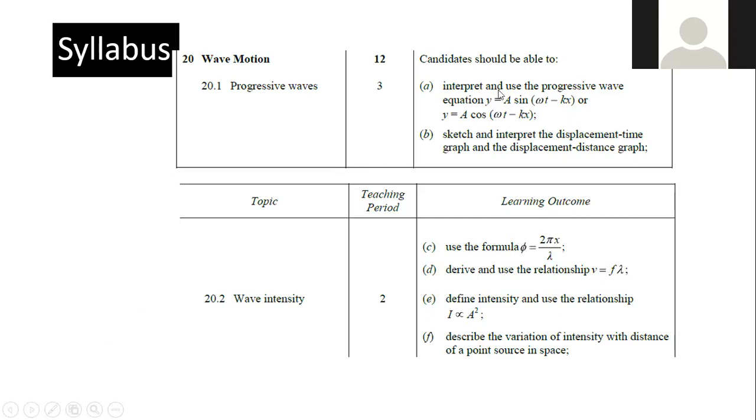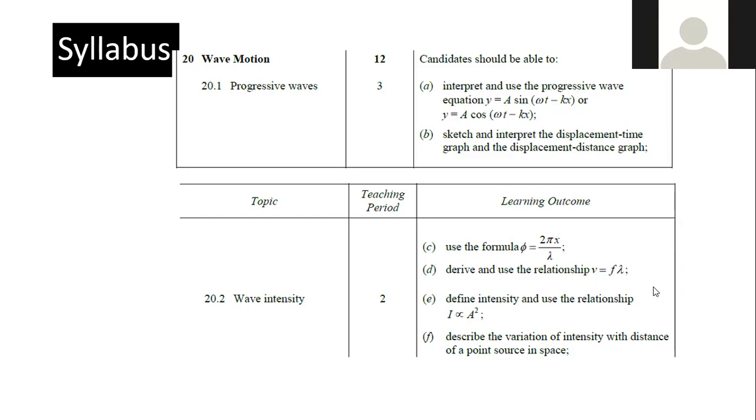That's your syllabus. You need to know the equation, interpret and use the progressive wave equation, both of them. Interpret the displacement-time graph and displacement-distance graph. Then use that formula, and derive and use this equation.